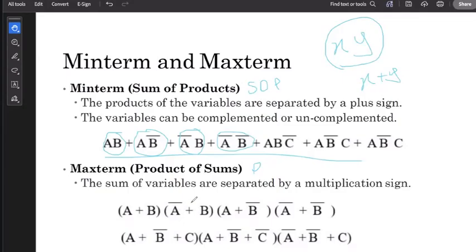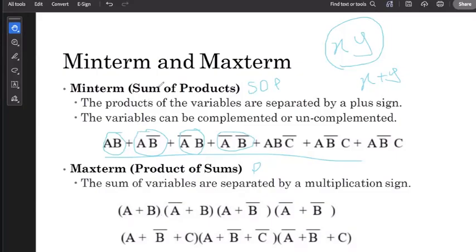So sum of products means, see, they are products and they are added. That is why it is called sum of product. Product of sums means the sums are multiplied. That is called product of sum.